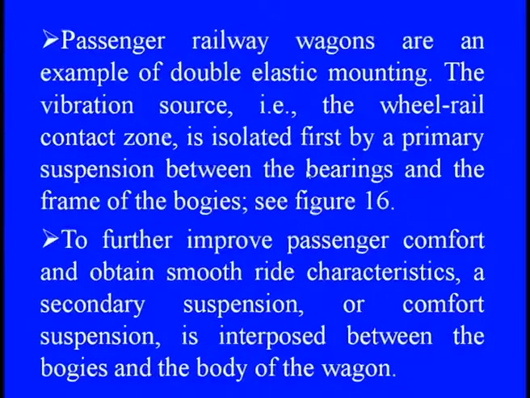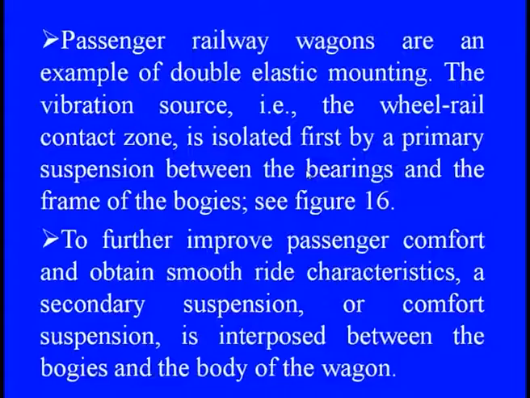And a pretty common example is the passenger railway wagons, in which we have the double elastic mountings. The vibration source is nothing but the rail wheel interaction, and this rapid interaction under the cyclic loading is quite continuous.